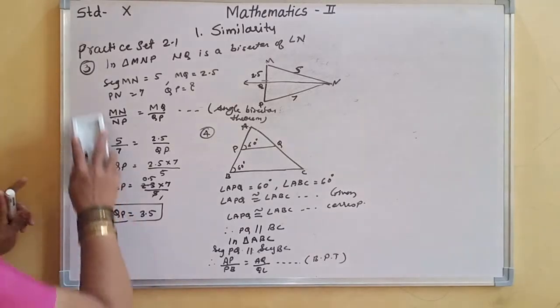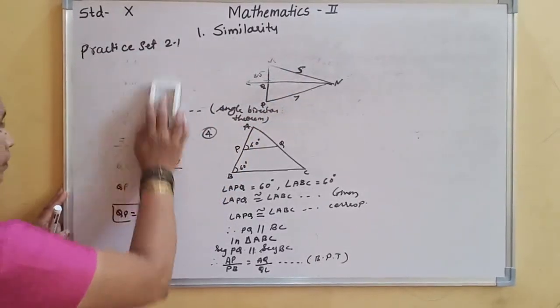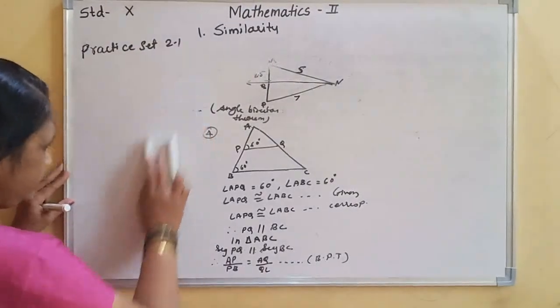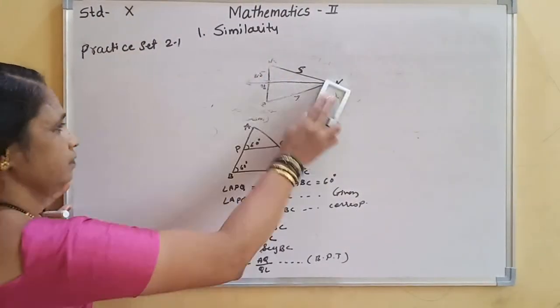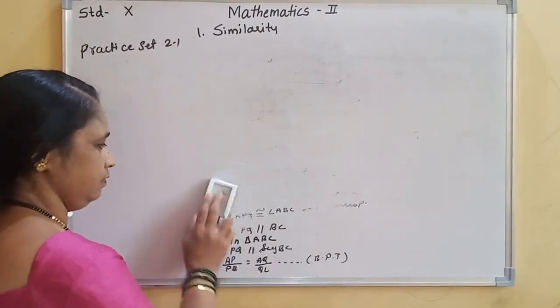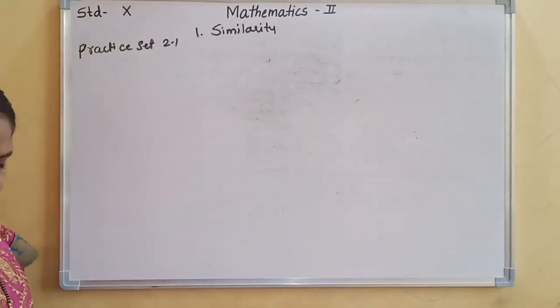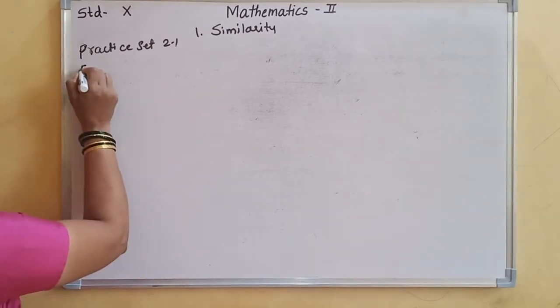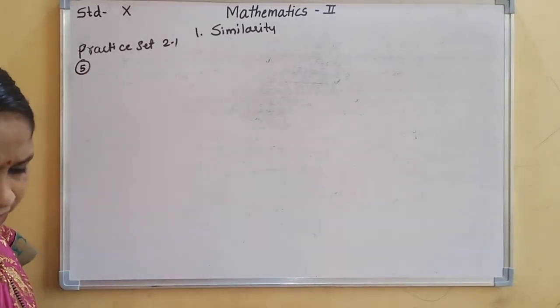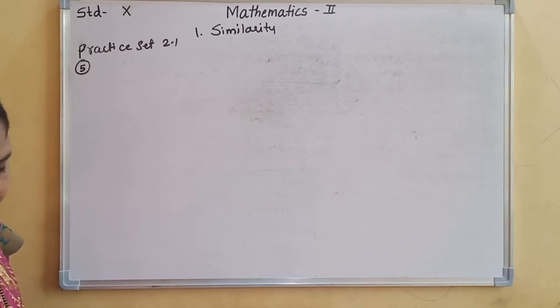Fifth example. Example number 5. In this it is given side AB is parallel to side PQ and PQ is parallel to side DC.